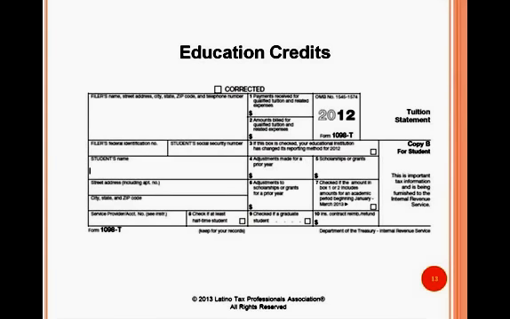It will identify the exact dollar amount. One other box to keep an eye out for is Box 5, scholarships or grants. Many times there may be, for instance, $5,000 in Box 1 and $10,000 in Box 5.